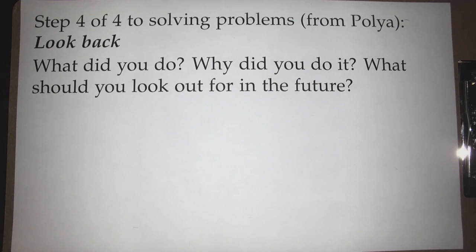We first need to understand. You can't solve a problem if you don't understand it. The second step was make a plan. You should think about what you are going to do. And in fact, the second step ties into what we're going to talk about with the fourth step.